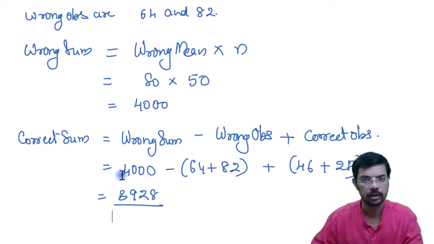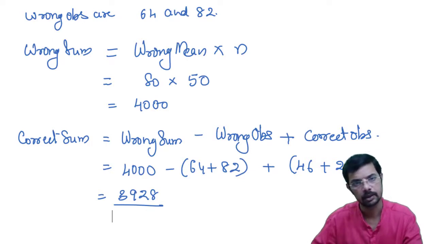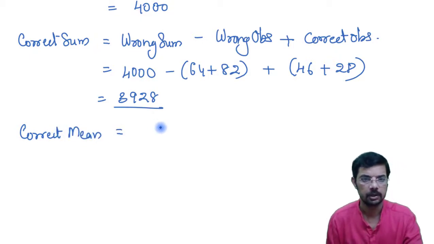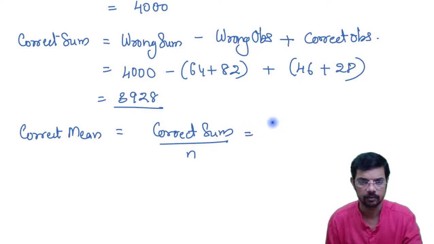Now the correct mean is very simple and easy to find out. The correct mean will be equal to correct sum divided by number of observations, and that is again very simple. 3928 divided by how many?